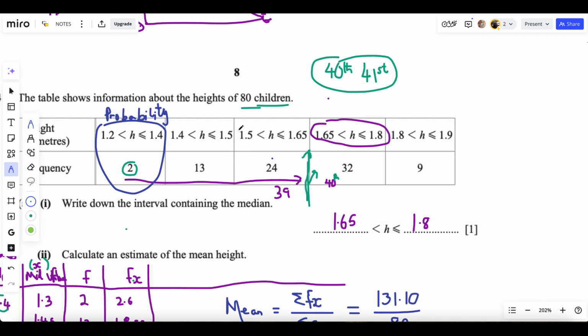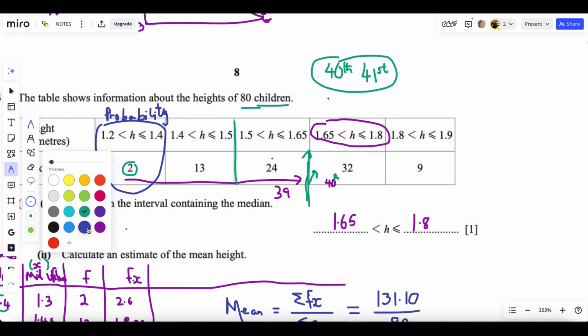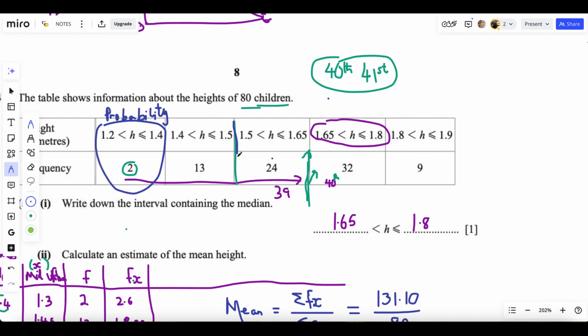So to be taller than 1.5 starts from here. But out of the 2 children, only one of them is taller than 1.8. Only one. We don't know which of the 2 children will be taller than 1.8, but both of them are taller than 1.5, and only one is taller than 1.8.